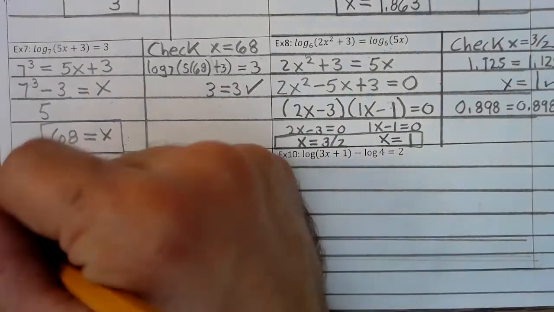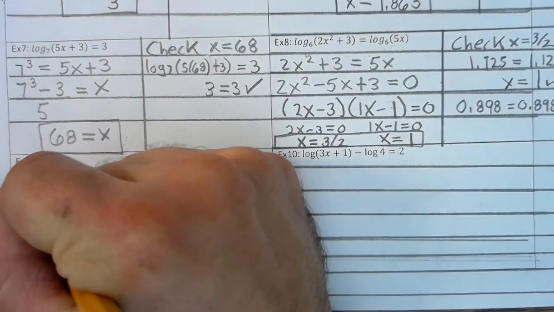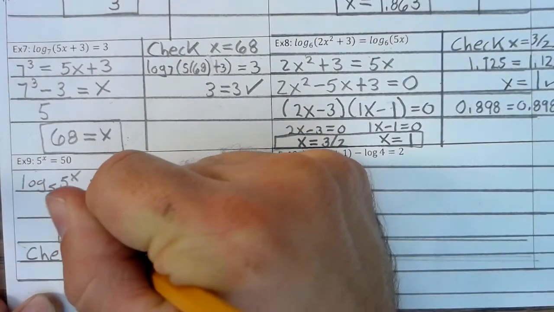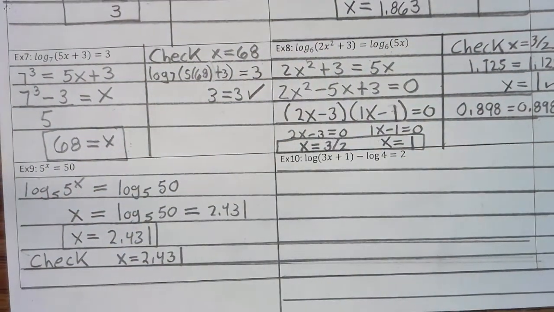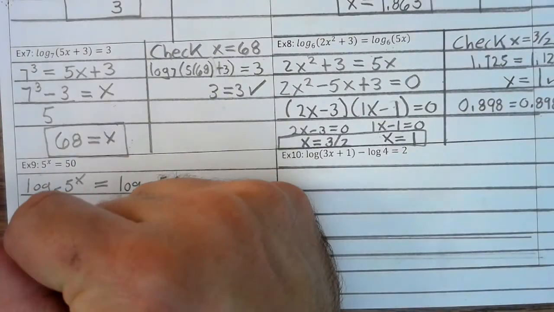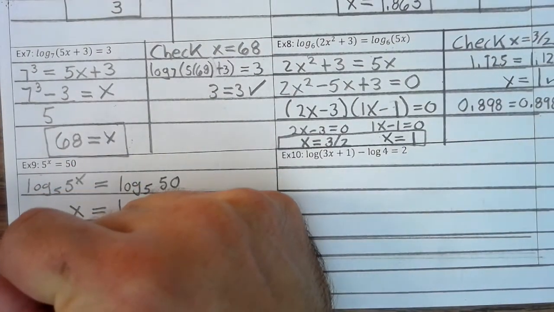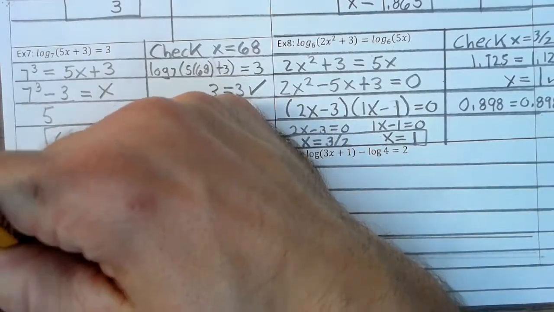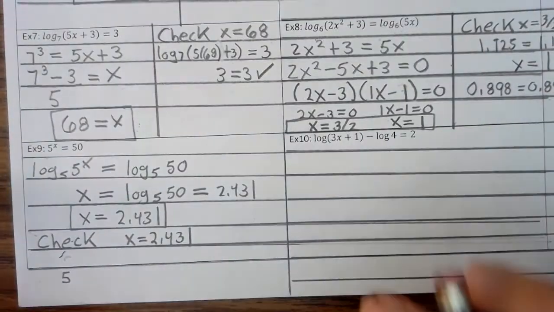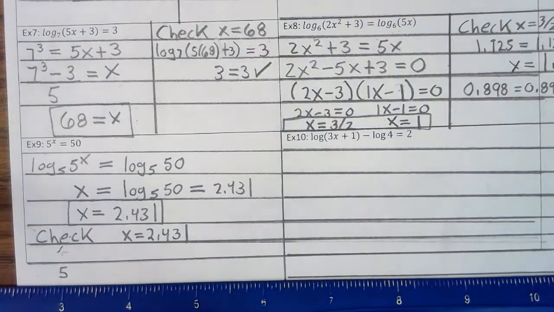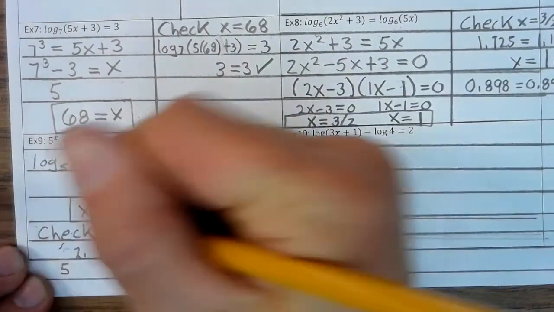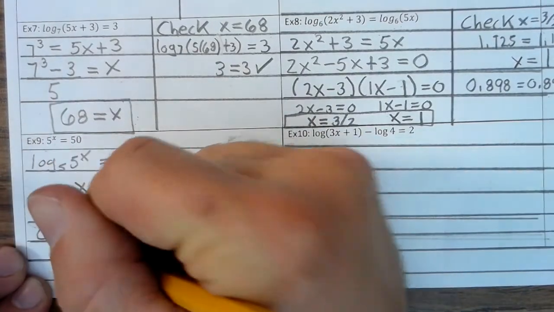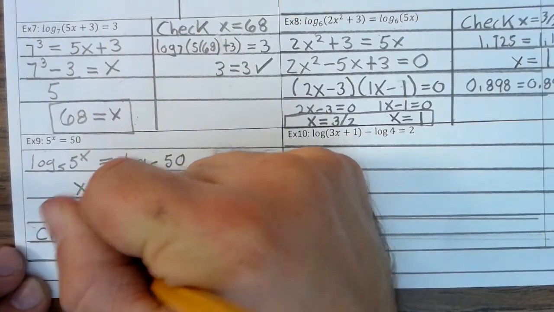All right, so now let's check. So then that's 5 to the 2.431 equal to 50.